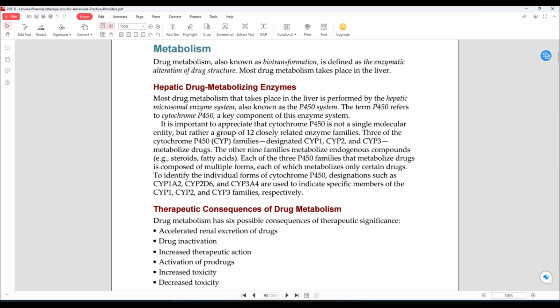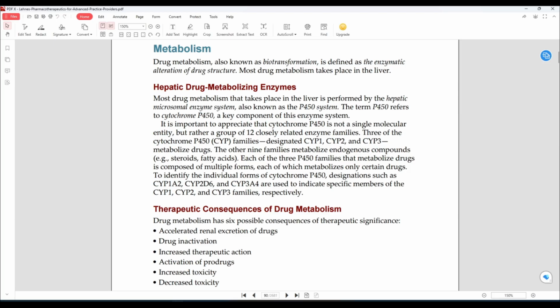It is important to appreciate that cytochrome P450 is not a singular molecular entity, but rather a group of 12 closely related enzyme families. Three of the cytochrome P450 or CYP families, designated CYP1, 2, and 3 respectively, all metabolize drugs. The other nine families metabolize endogenous compounds, so your steroids, your fatty acids.